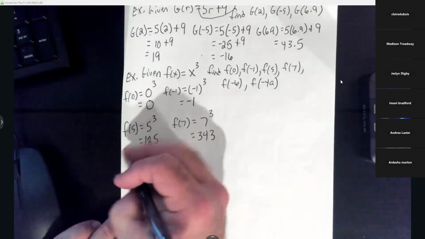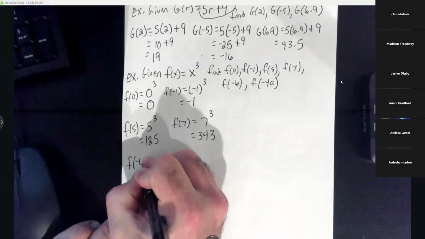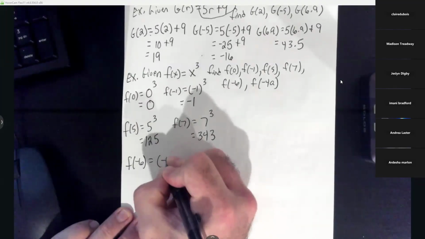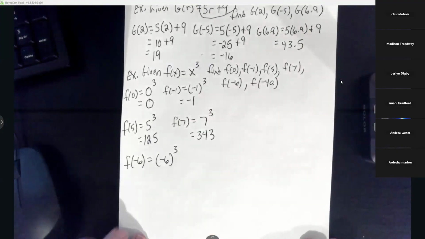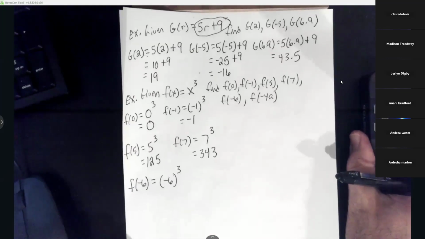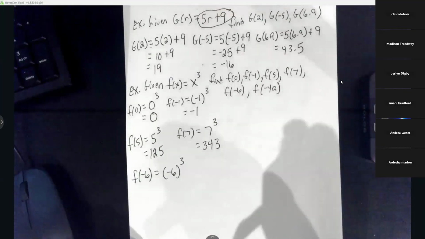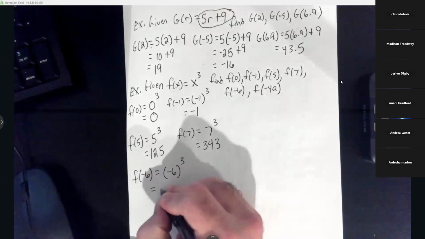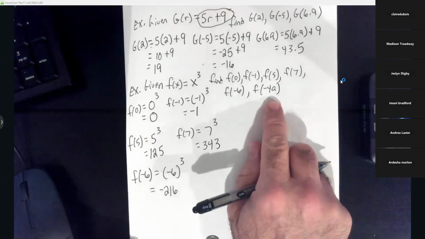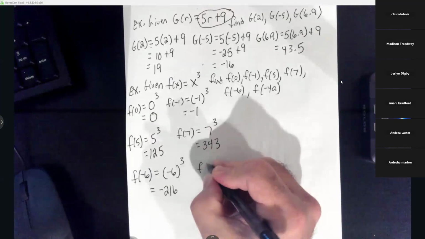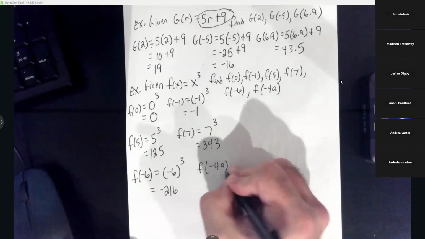All right, y'all, f of negative 6. That's going to equal negative 6 to the third power. All right, so negative 216. Perfect. And y'all look what's left. F of negative 4a.